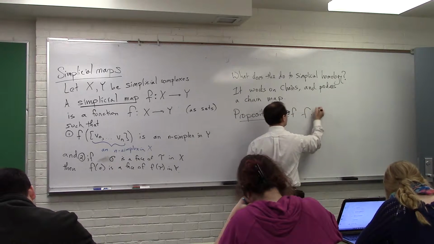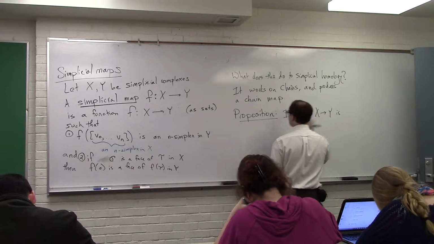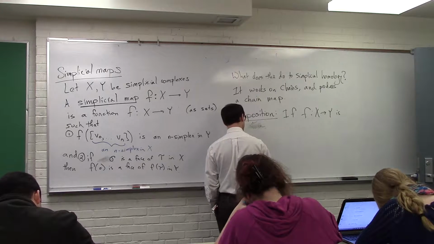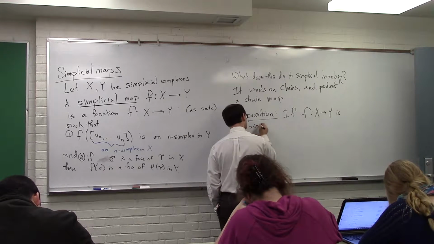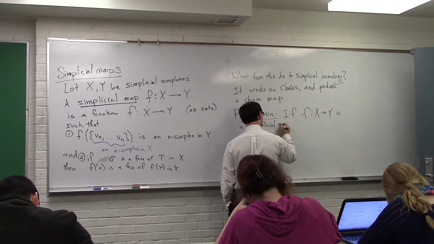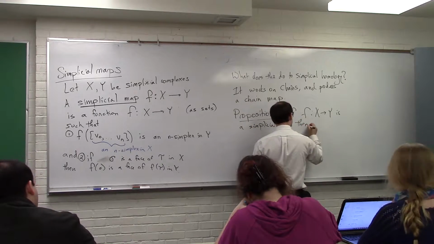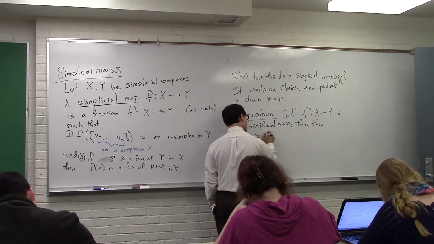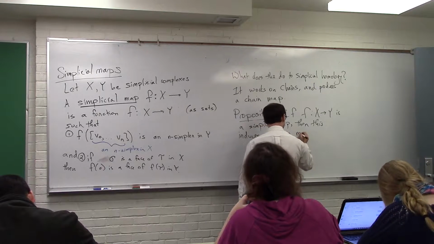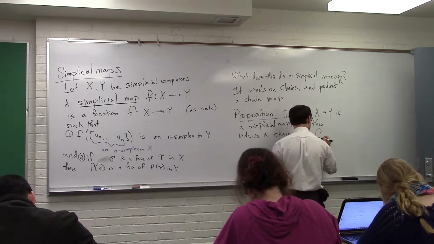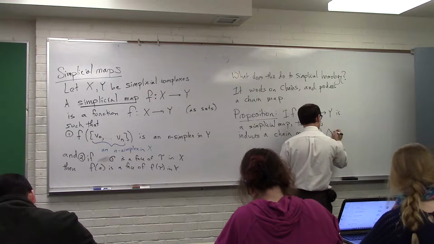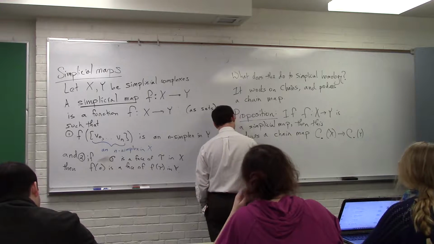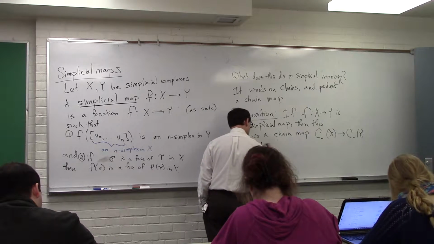If f from x to y is a simplicial map, then this induces a chain map and a linear map on homology.